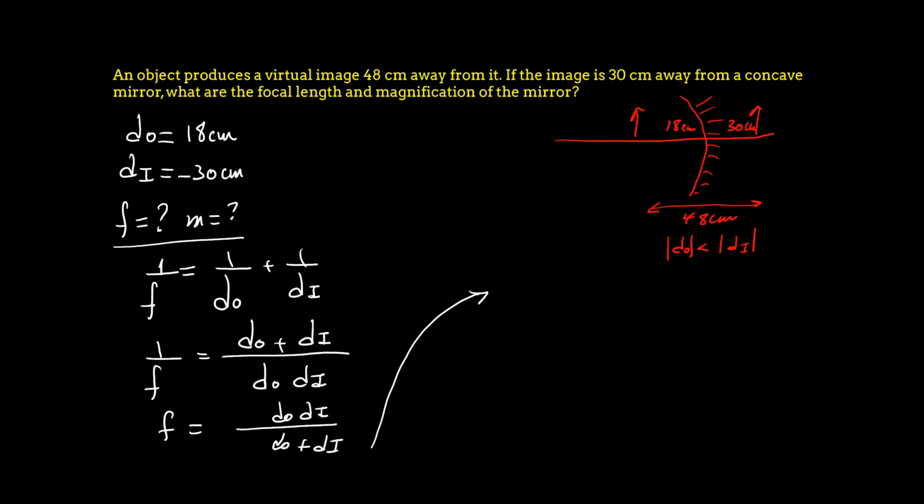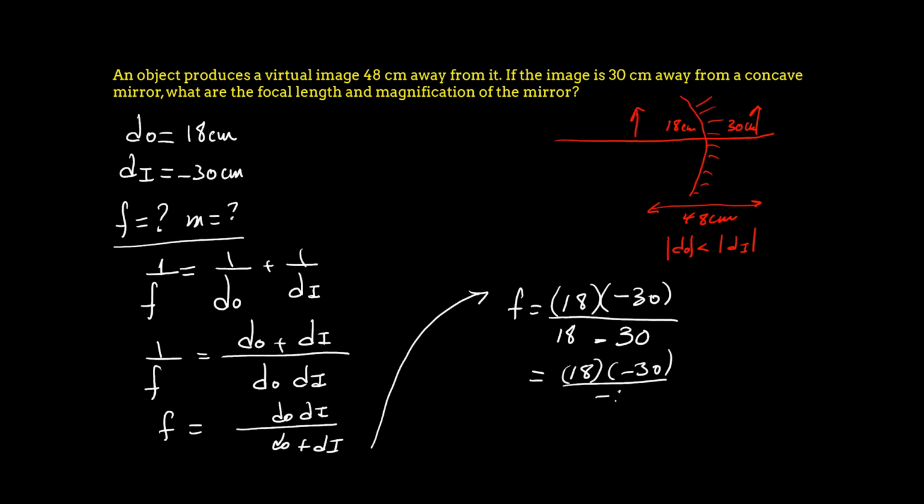Let's plug them in. dO is 18, so F is 18 times negative 30 over 18 minus 30. That's exactly what I was talking about: F has to come out positive, so the top and the bottom have to be negative. So this is 18 times negative 30 over negative 12.